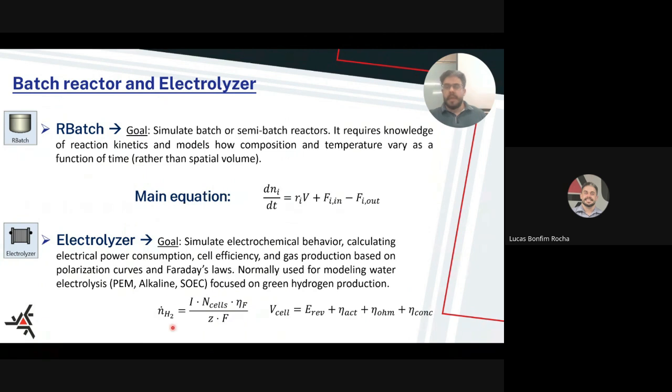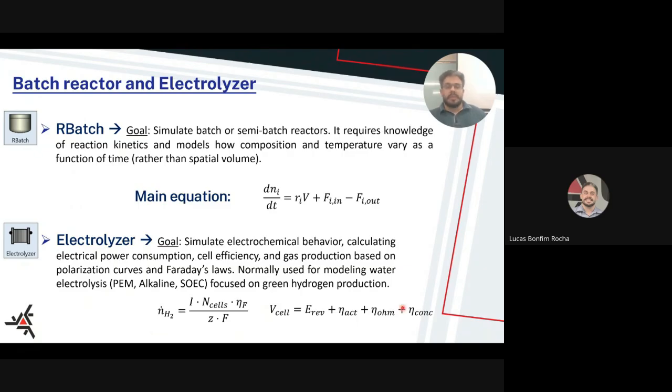So we have here a balance for the amount of hydrogen produced based on the number of cells and other parameters in this reactor that we are going to check later. Here we can also see the voltage of the cell, taking into account some efficiency that we can observe according to the characteristics of this reactor.